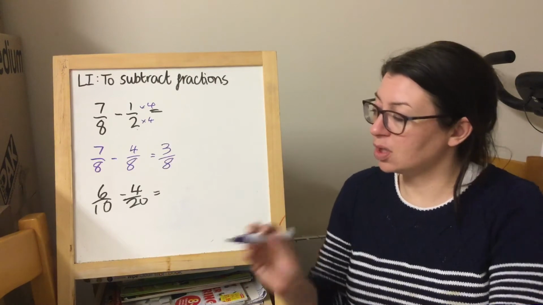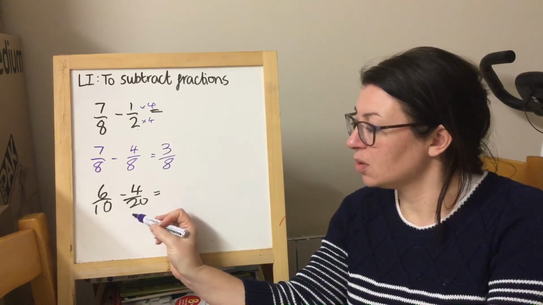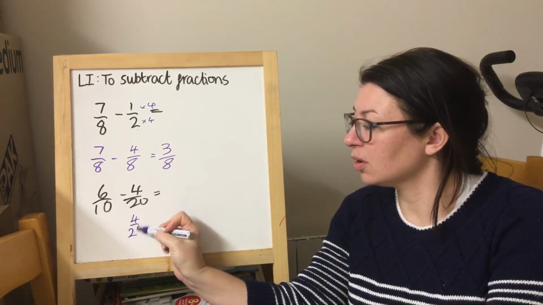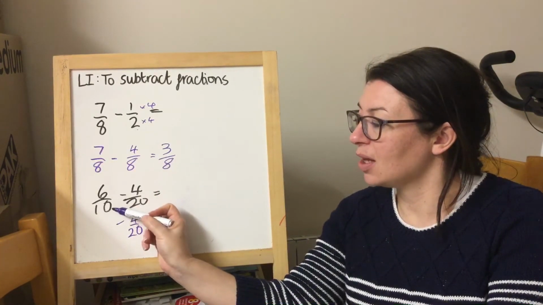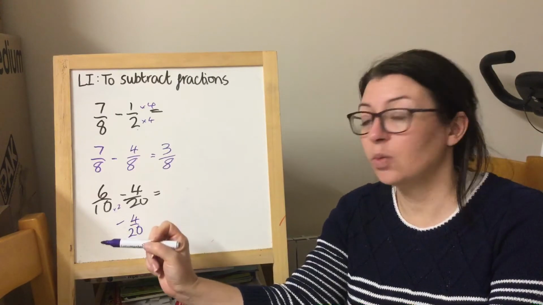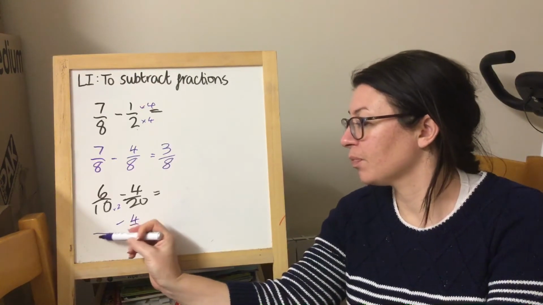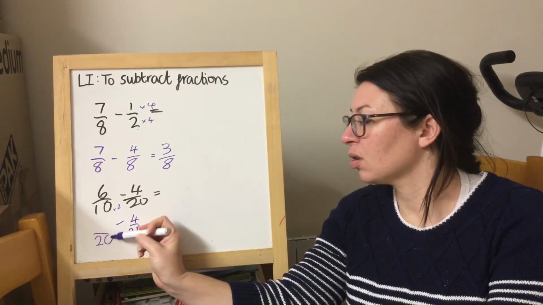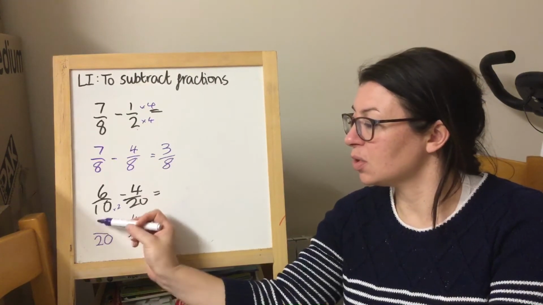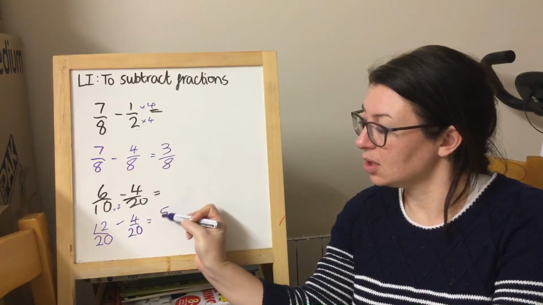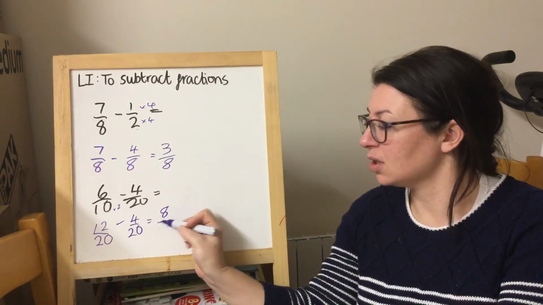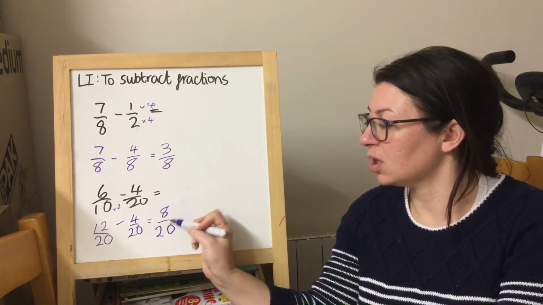So, first of all, we'll use the 20. So we're going to keep our 4 over 20 here. And we're going to take away. So, to make our 10 into 20, we need to multiply that by 2. And then we need to do the same to the top. So that would give us 12. 12 take away 4 is 8 over 20.